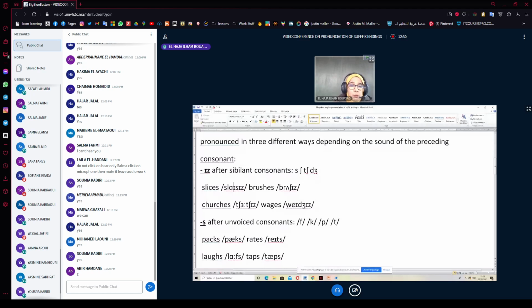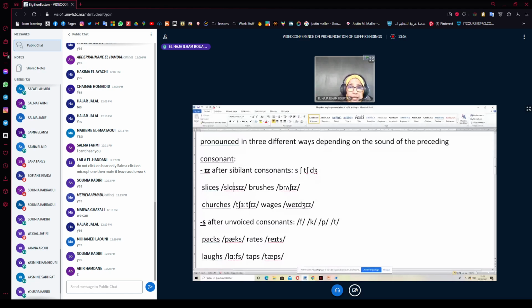So automatically we add that short vowel e before z. Why do we pronounce it as slices, brushes? Because there is a cluster of consonants. I cannot say ch-z, because we have two similar sounds.